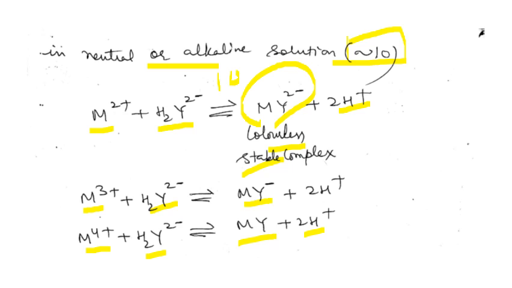We have seen previously that this reaction takes place at the maintained pH, otherwise the complex again breaks into the ionic species. That is the meaning here. That's why we have to maintain the pH, and for this method it is very essential to maintain the pH of the solution.